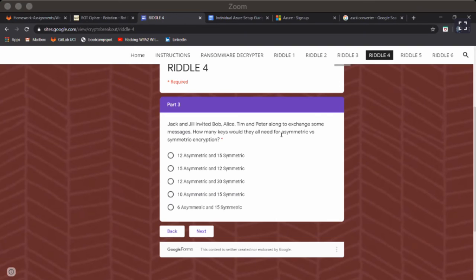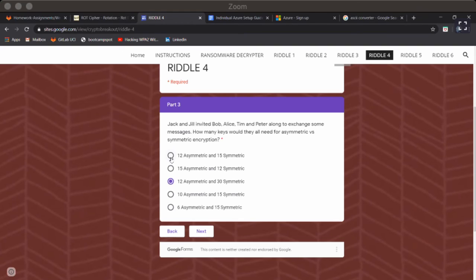Yeah, it's 12 for asymmetric because they each have a public and a private. But for symmetric, is it 15 or 30? Isn't it 30 because symmetric is more, right? I think because of how many people there are, it's going to be a larger number. Because they have multiple different transfers. Whoa, okay. The math of the symmetric.